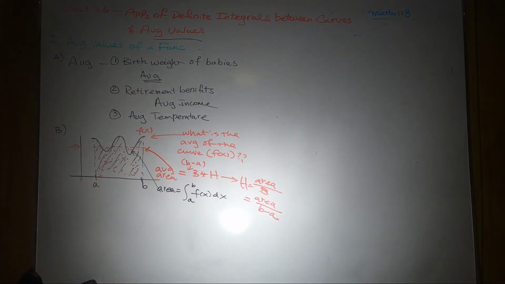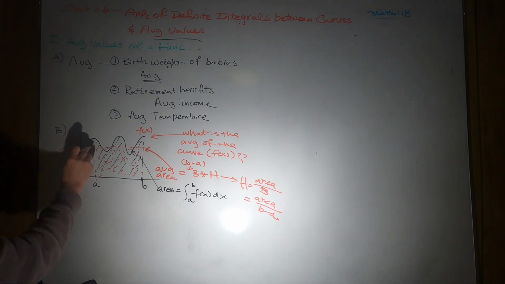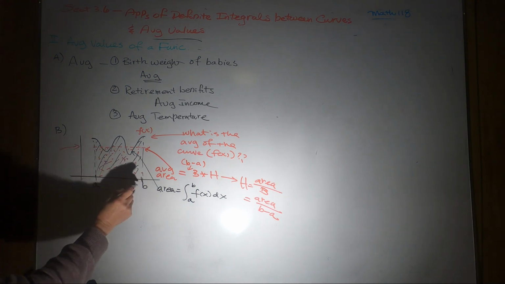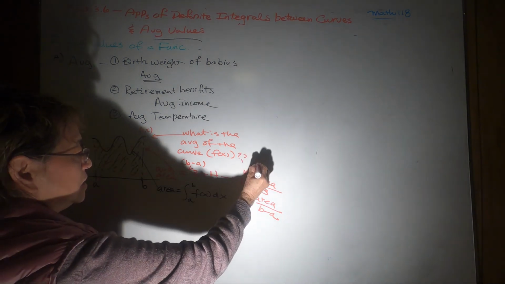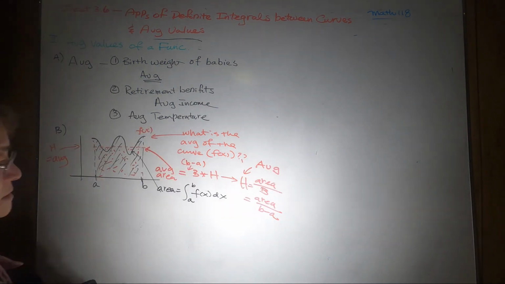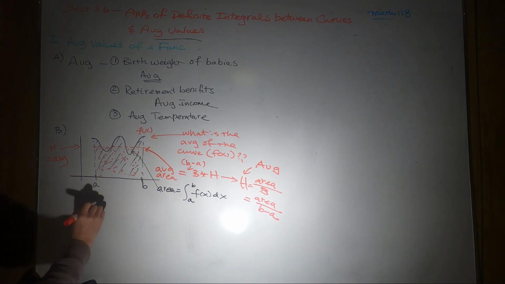Is that right? Then what's your height? For this height, height is what? Your average. Is that right? So your height is your average. So we say average becomes what?